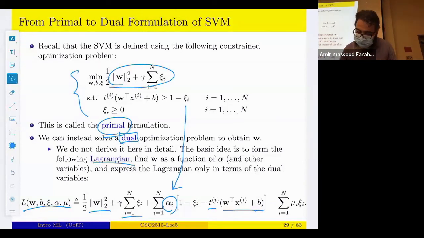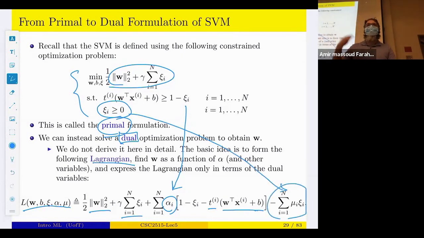And then we have another set of constraints, which are zeta i's should be larger than 0, which would be converted to this optimization. So you need to do a few steps of computation here, which basically you need to take the gradient of this and equal it to 0 and try to solve.